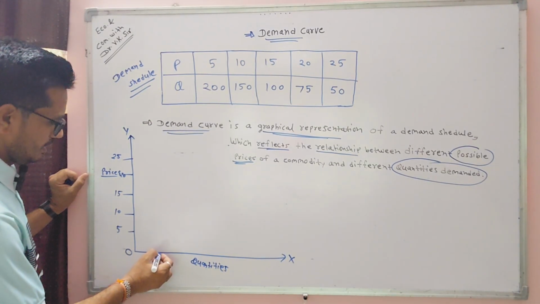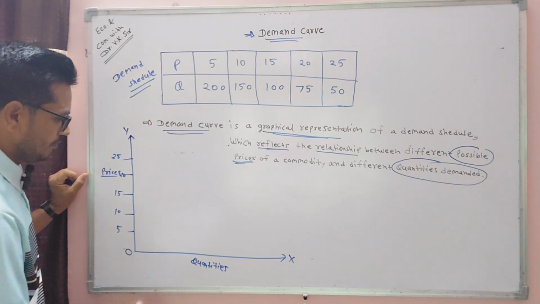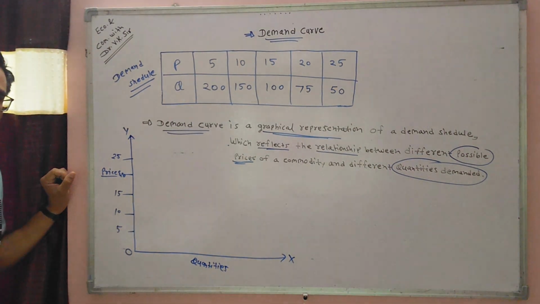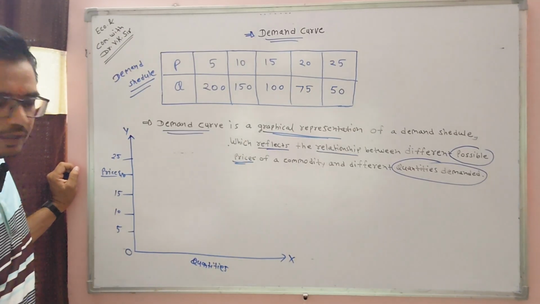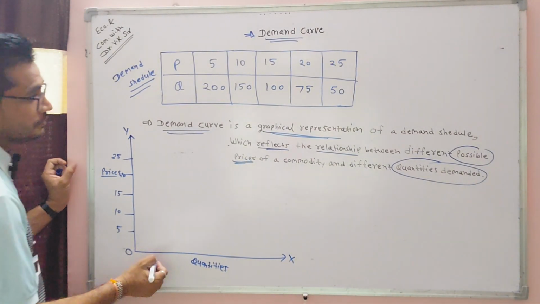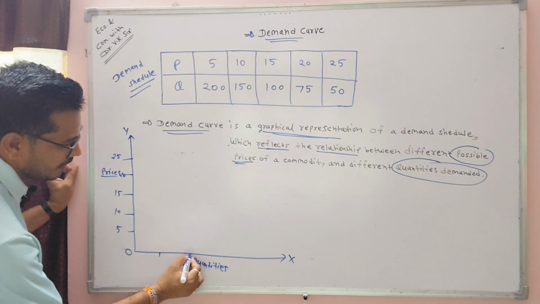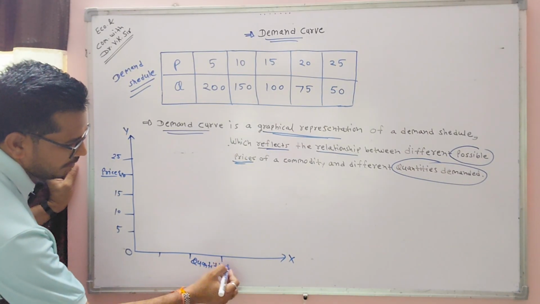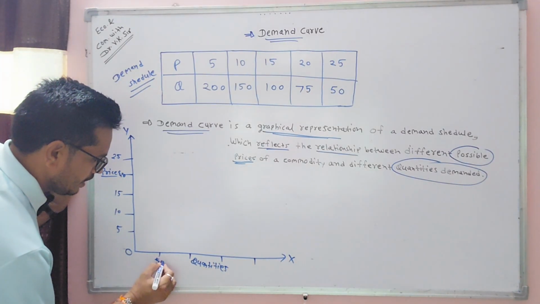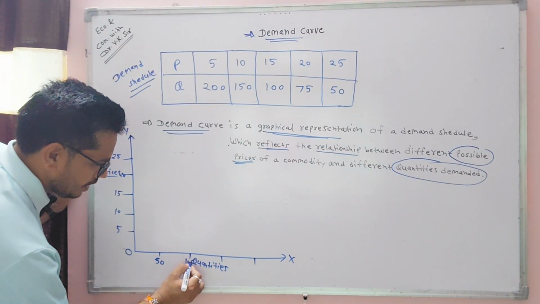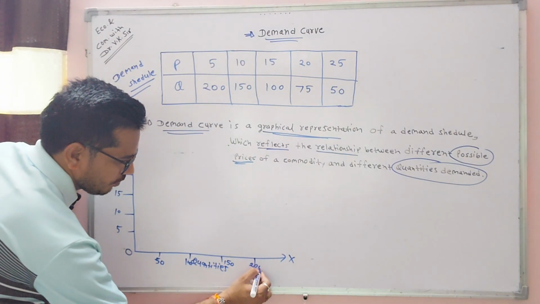You should have a knowledge of taking scale and its parameters. So 50, 100, 150 and 200.